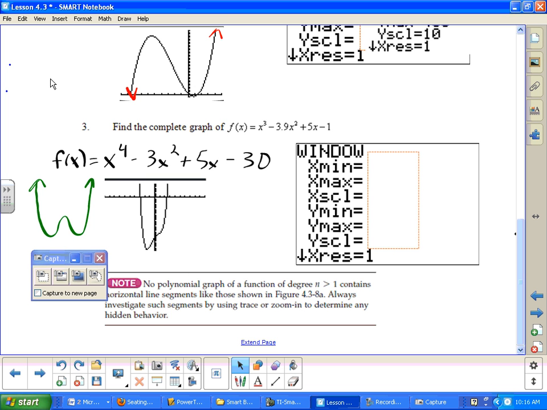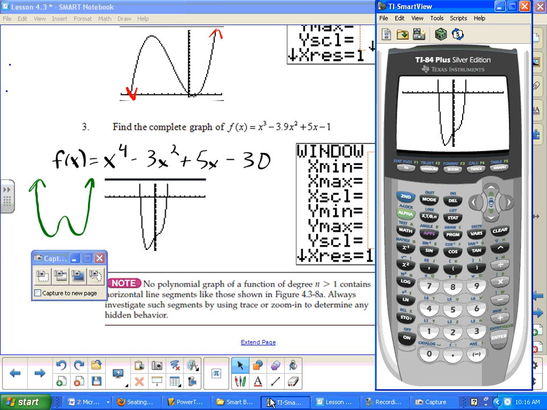So my window for this I can actually make smaller, because my zeros are at negative 3 and around positive 3. So I could just go to each side of them, from negative 4 to positive 4, and here I can still see all of the important features of this graph.